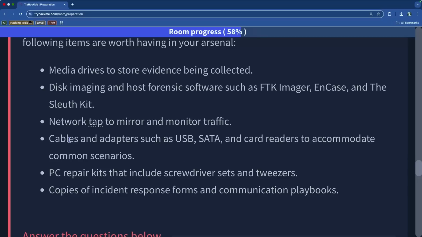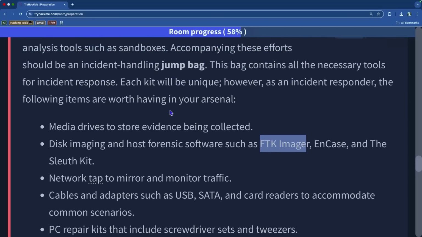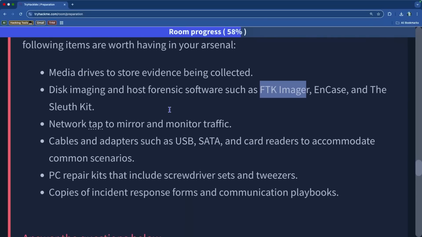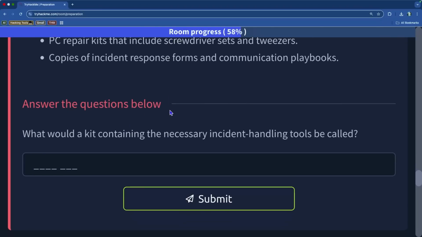Things like the cables and adapters are in there. A media imager like the FTK Imager is in there. Having tags is listed in there. Having crime tape is listed in there. Having a camera is listed in there. So there are things that are just absolutely necessary that you need to have in your jump bag, which is your incident response bag, right?